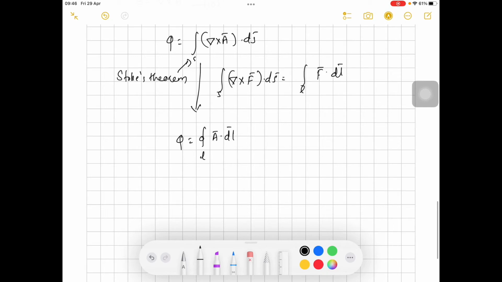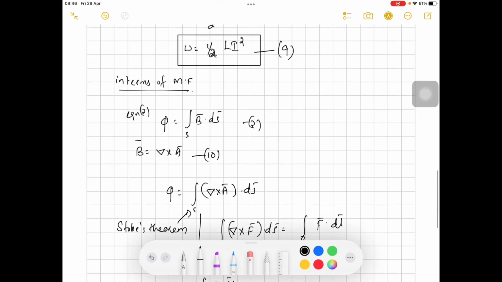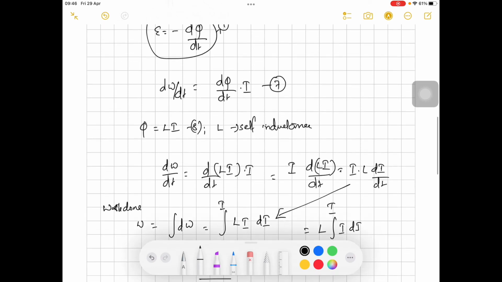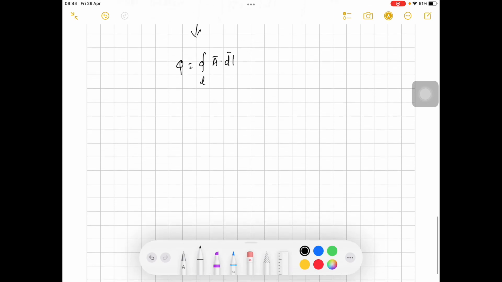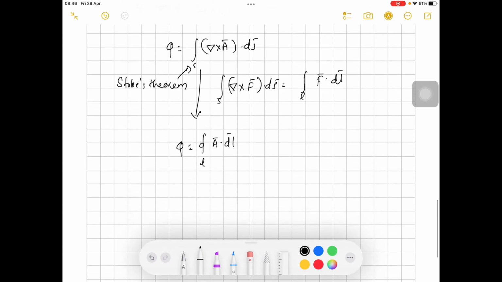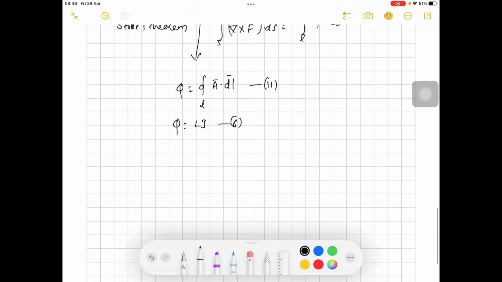Okay, and we also know from our previous section, equation number 8, phi is equal to Li. We got this equation, which is equation number 11, and we already know phi is equal to Li, which was our equation number 8.